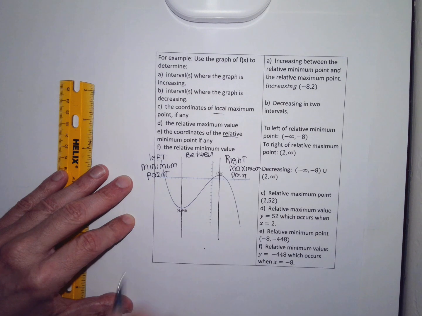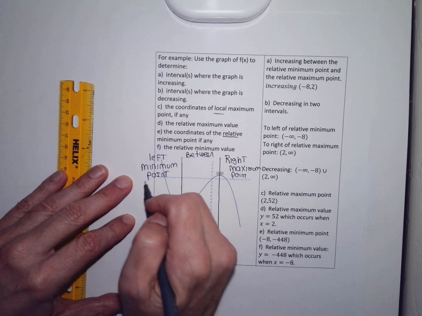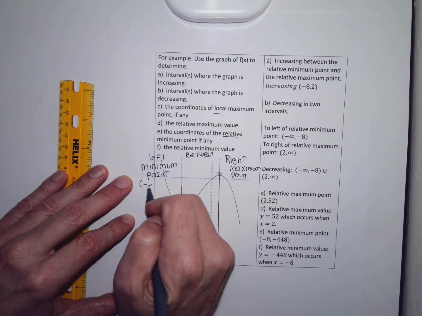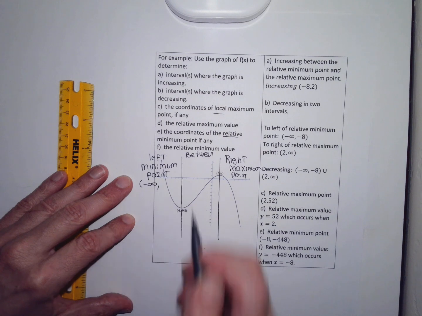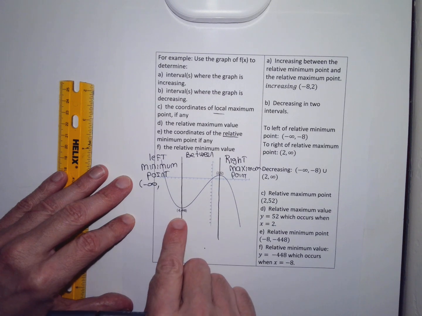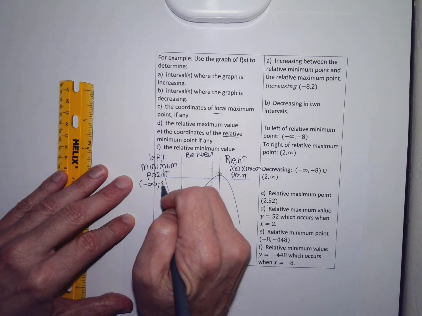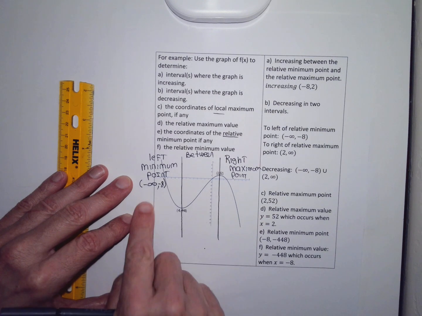To describe these in x's, the first region is going to start at the far left edge of the x-axis, which has an x-coordinate of -infinity, and it's going to end at the x-coordinate of the minimum point, which is -8. So the first region is the region from -infinity to -8 in terms of the x's.